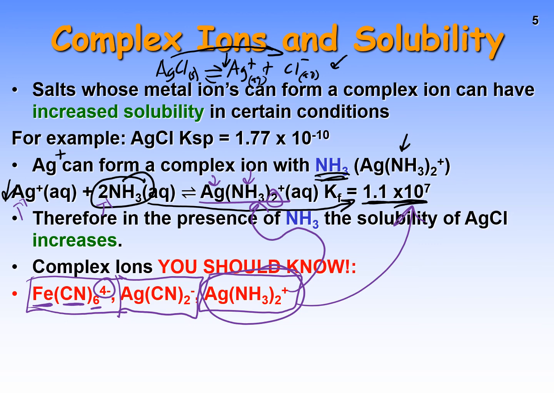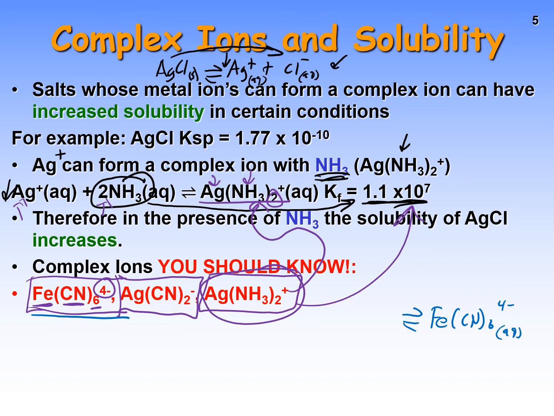So if we were going to do this for the iron cyanide compound, I would start with that as a product: Fe(CN)6 to the power of 4-. Usually we put brackets around it, but we'll just say 4- there. This is aqueous.